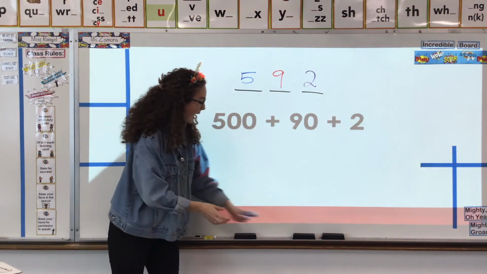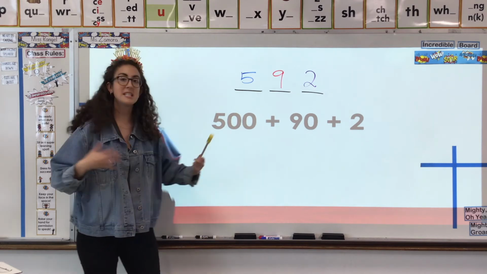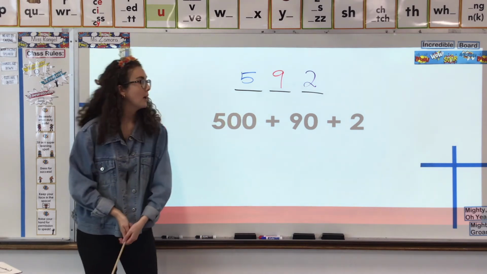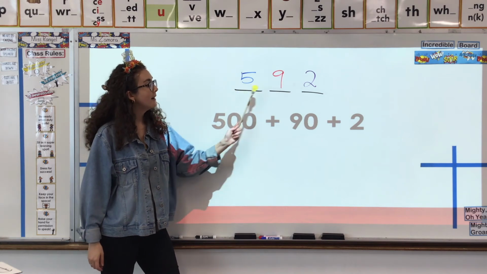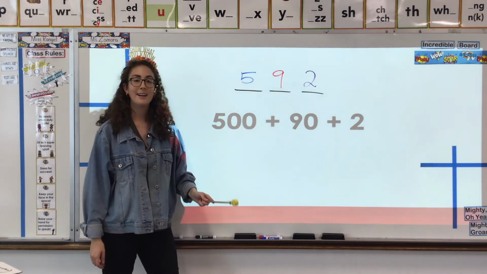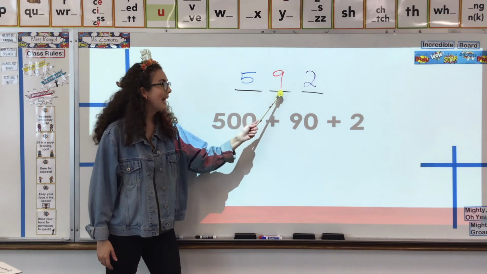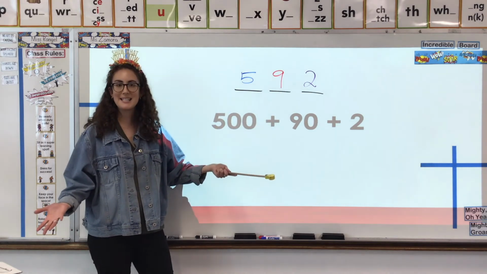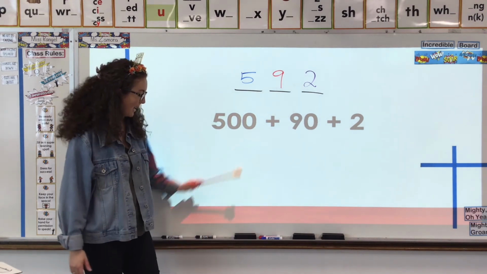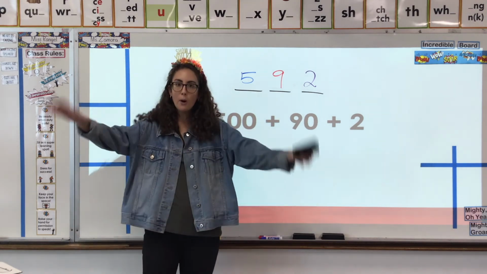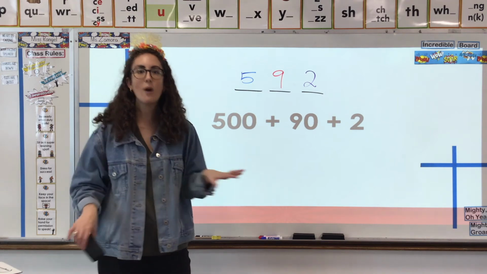So, 500 plus 90 plus 2 becomes what number, awesome people? 592, exactly, which you could also read by looking at the expanded form. Woo, good job.